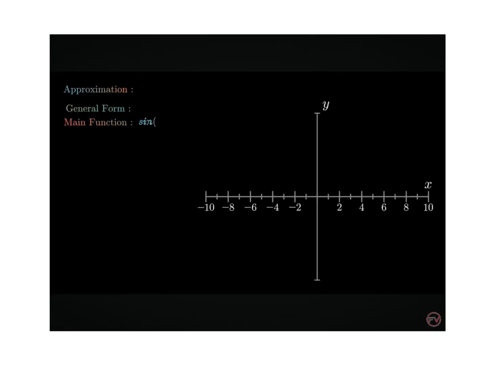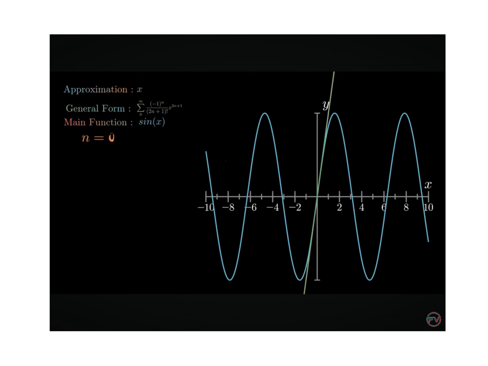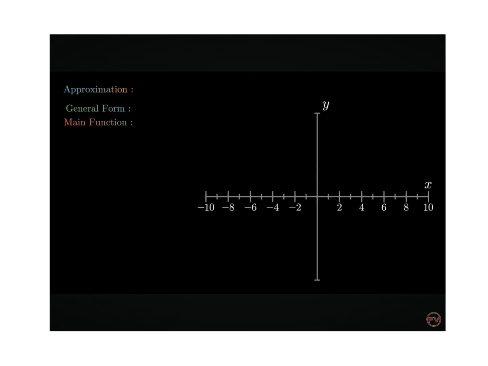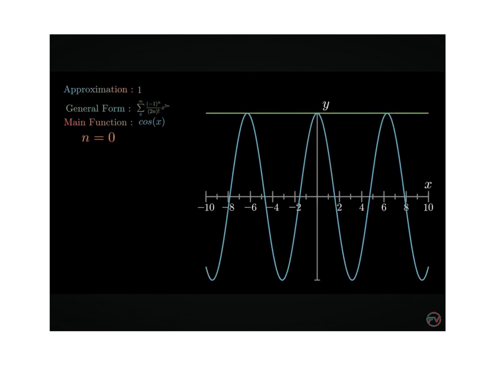As promised, I found a little video that kind of illustrates how the more terms you have of a Taylor polynomial, the closer and closer it gets from being an approximation to actually equaling the function.